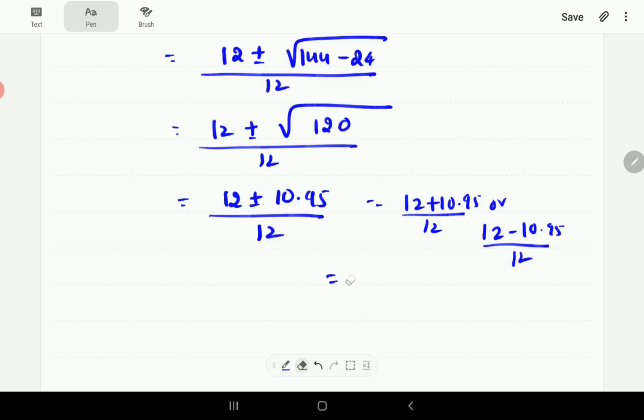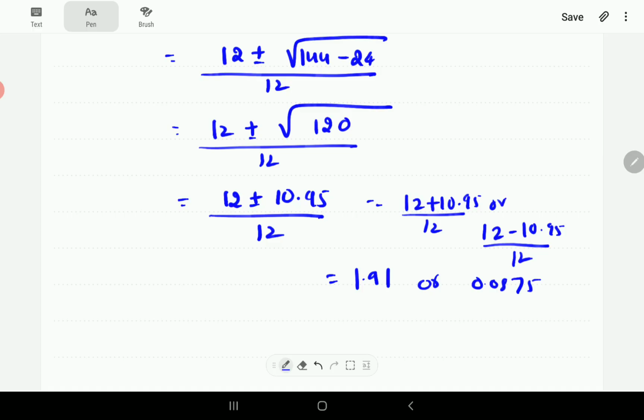And the other one, let me calculate this one. So this is 1.05 divided by 12, which is 0.0875. Okay, so here we have got two values.